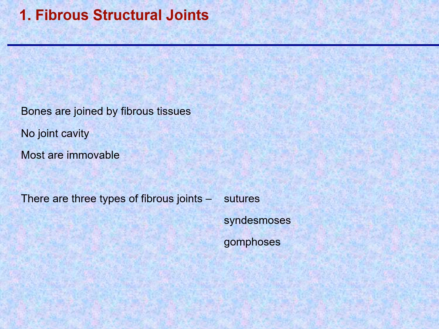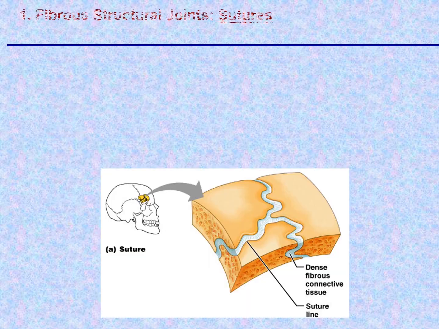There are three types of fibrous joints: sutures, syndesmoses, and gomphoses. Again, these aren't terms that we usually hear very often. I'll describe each one.